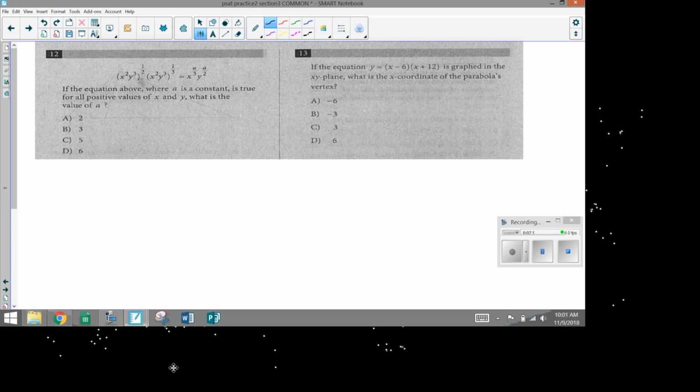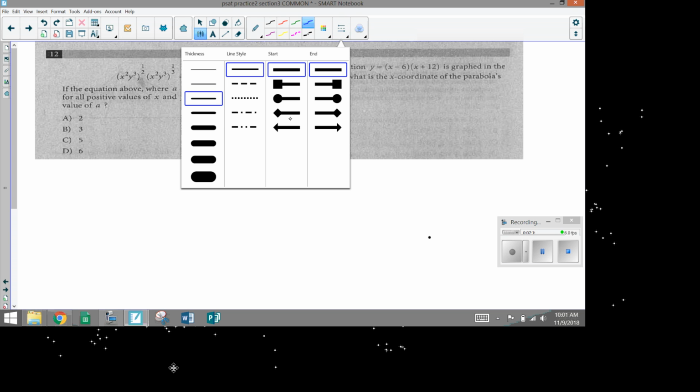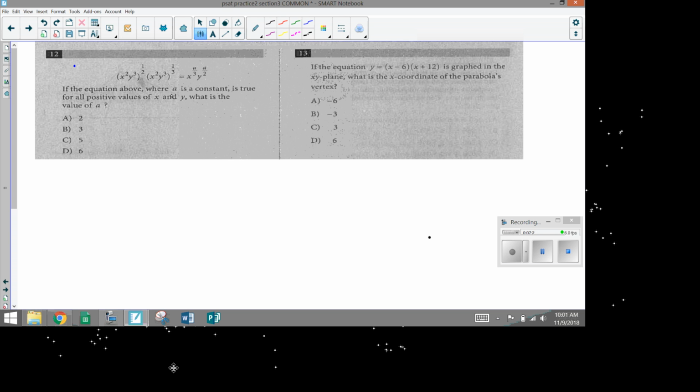Now, let's do this. As you see, exponent is 1 over 2, and there is another exponent. So x squared and 1 over 2. I'm going to multiply exponents, and that exponent will affect both x and y. So x to the power of 1 over 2, times, actually I shouldn't switch.